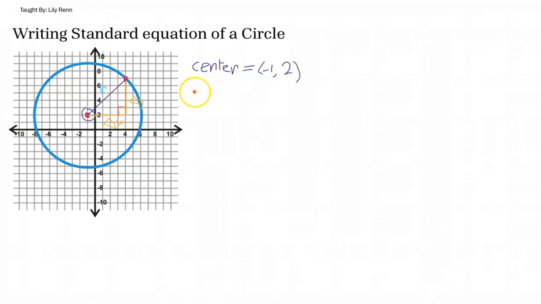We're going to write r squared equals the change in x squared plus the change in y squared.